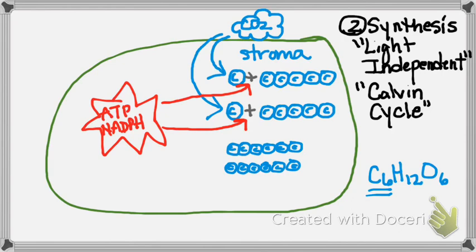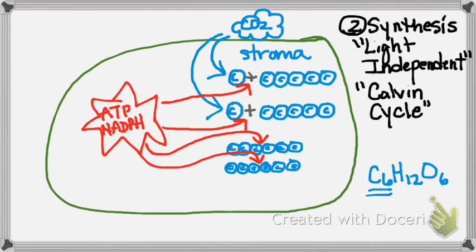But the chloroplast does not want them in a 6-carbon chain. It actually wants them in 2 groups of 3. So we added the carbon to the unit of 5 to make 6. But now what's going to happen is energy is going to come in here, and energy is going to come in here, and actually break them in half.